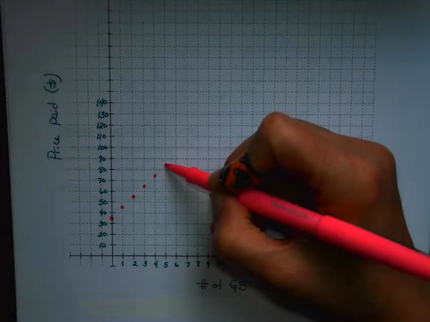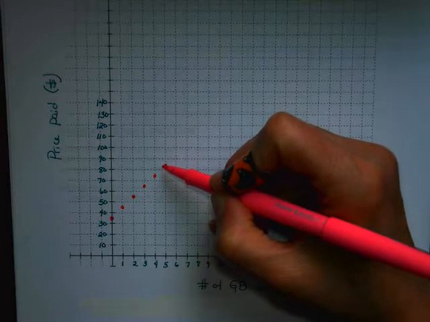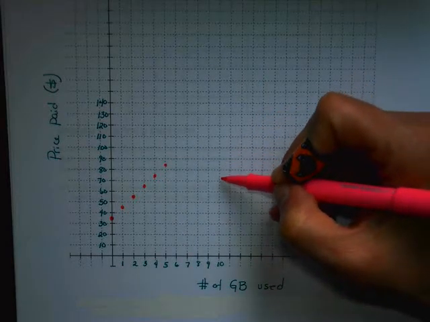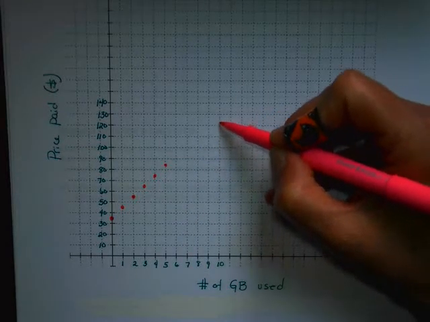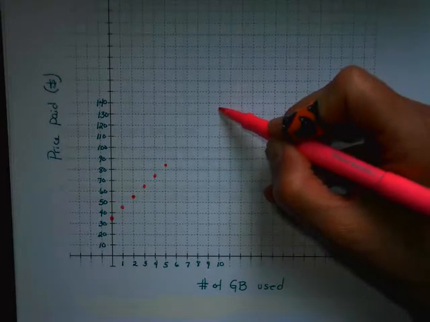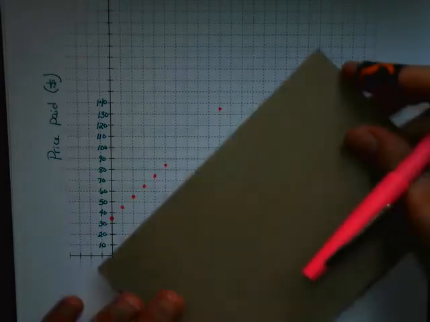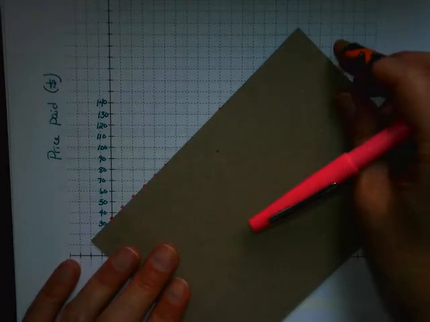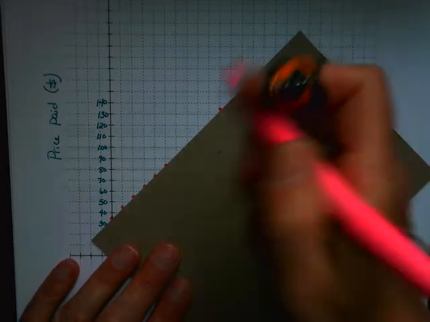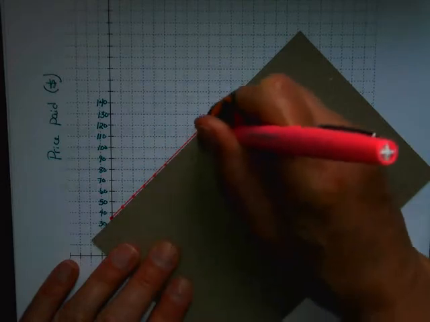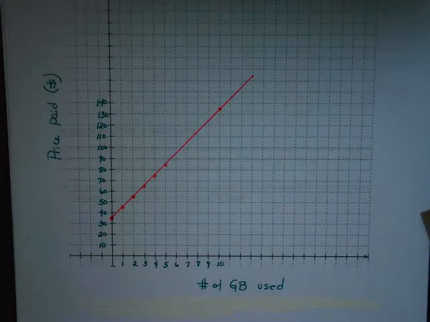For 10, we jumped up to 135. So I'm hoping that you'll see that this looks like a line, right? So I have a straight edge, I have a piece of cardboard. I'm just going to pop this down and connect these dots. So look at that. Our first line. This is definitely a linear relationship, okay?